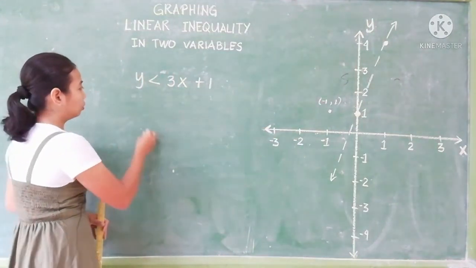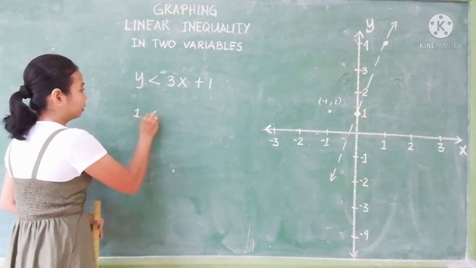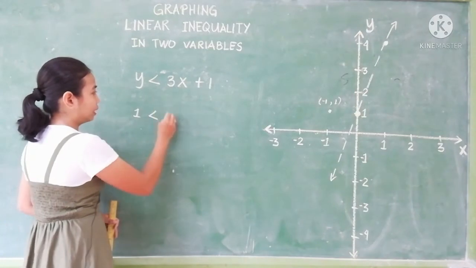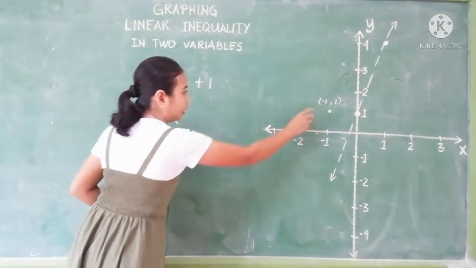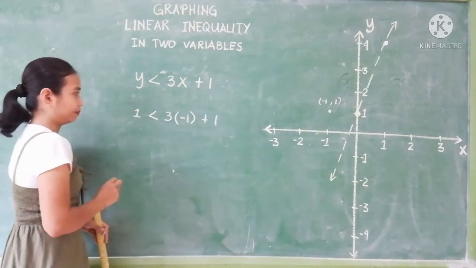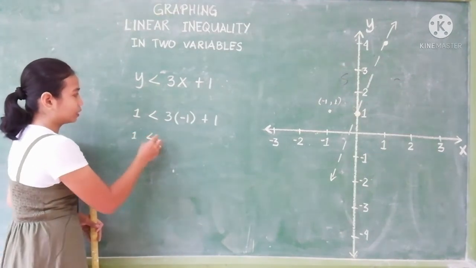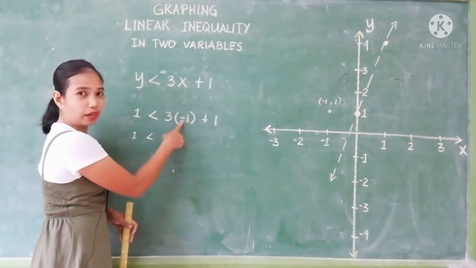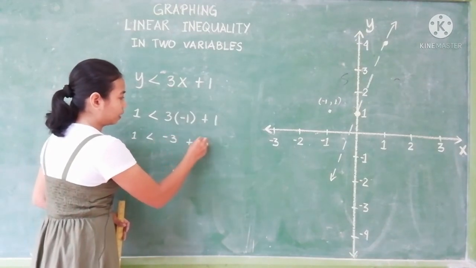So ang y daw doon ay 1 less than, copy natin yung slope, and then the value of x here is negative 1 plus 1. Okay, so 1 less than 3 times negative 1 is negative 3 plus 1.